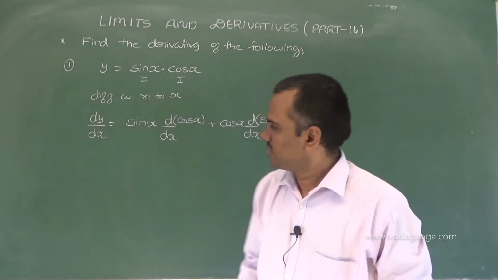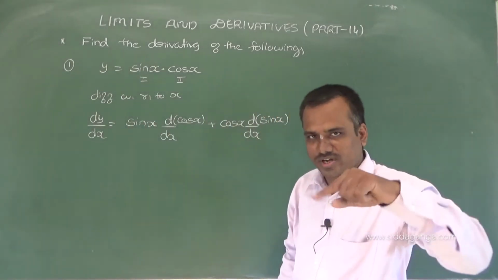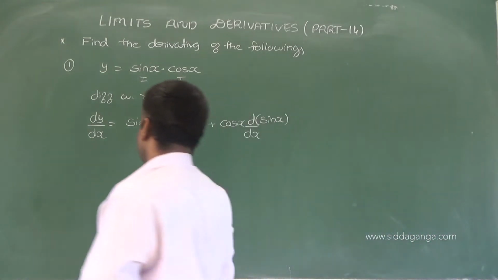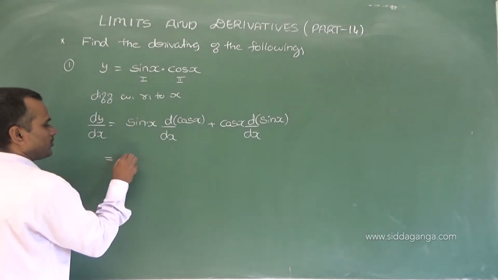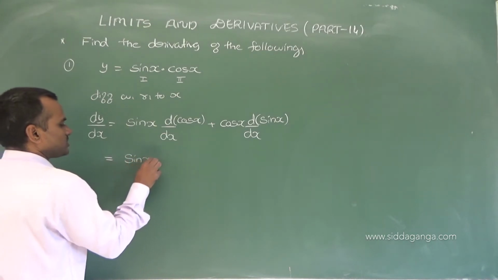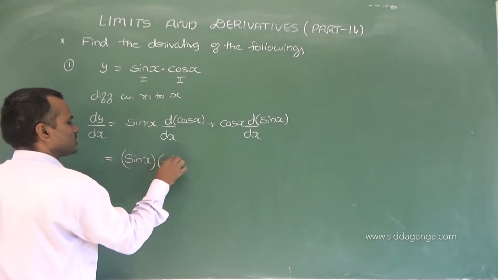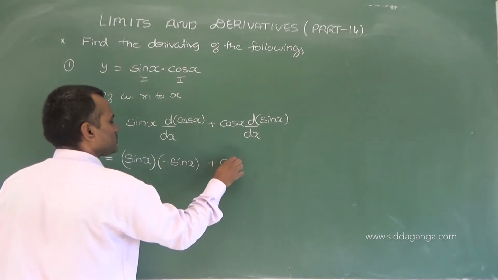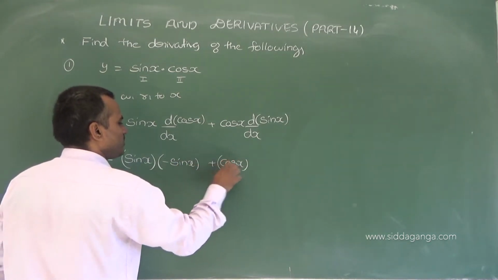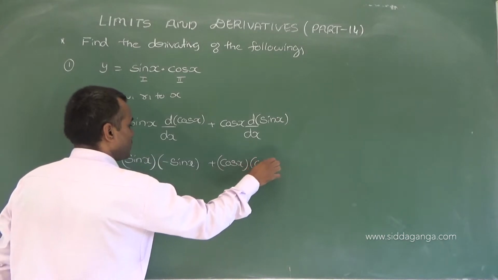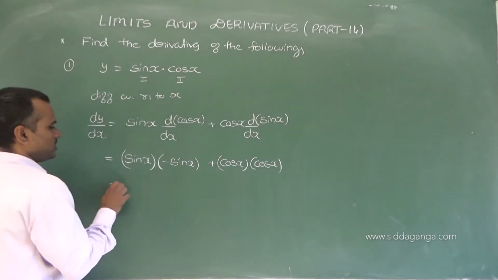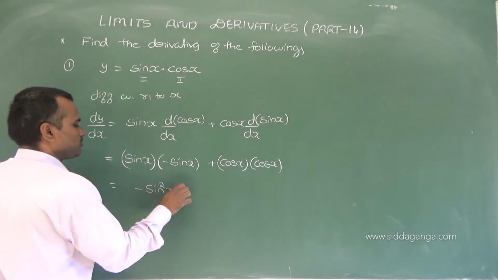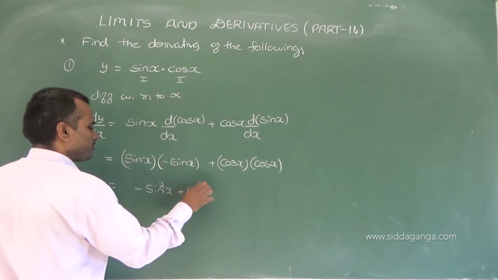So that is equal to sin x into derivative of cos x, which is minus sin x, plus cos x into derivative of sin x, which is cos x: minus sin square x plus cos square x.